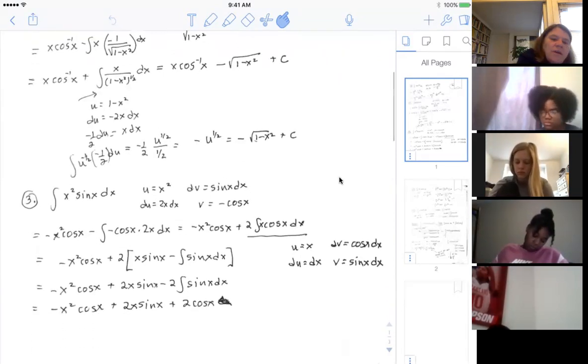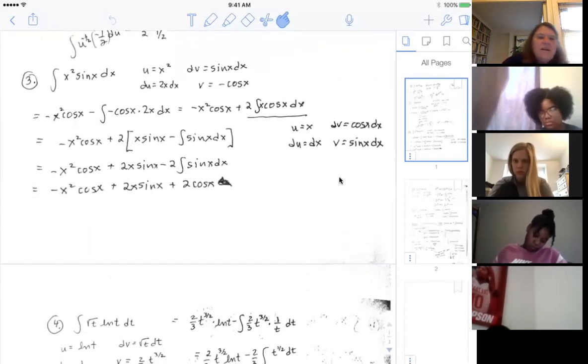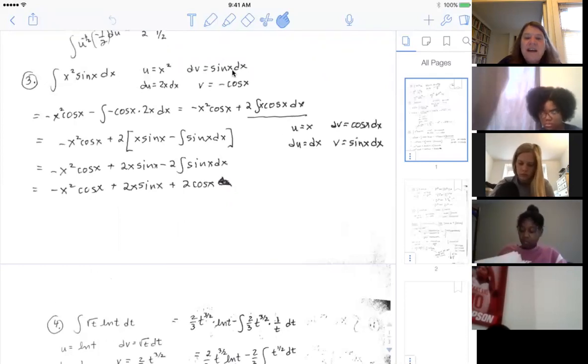The third one was clearly a parts problem again, and we let u be x squared and dv be sine x. When we integrated and used parts, we saw we had another one to do because there was an x cosine x there. Be careful with your signs in here. U is x, dv was cosine, the integral of cosine is sine.